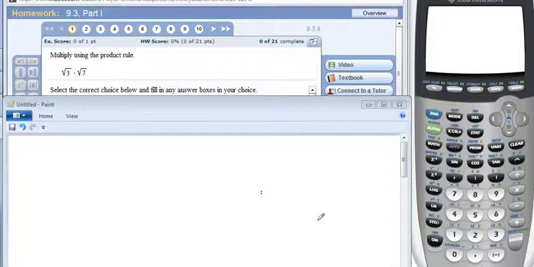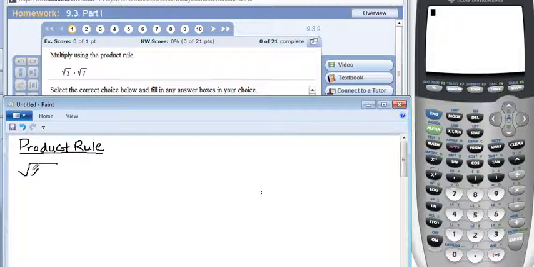Okay. All right. So let's first of all take a look at what the product rule says. For radicals we have a product rule and we have a quotient rule. The product rule says that if I have two things multiplied, not added, but multiplied, each piece can get its own radical sign.